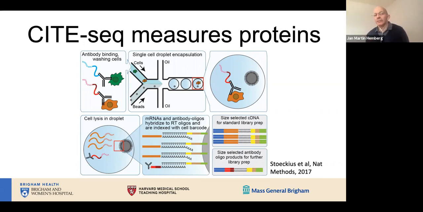And then each of those antibodies is tagged with a nucleotide sequence. And so after we've done our droplet encapsulation, we can release the tags from the antibody, and then we can sequence those together with all the RNA, and that can give us a good estimate of the protein levels that were found in these cells.